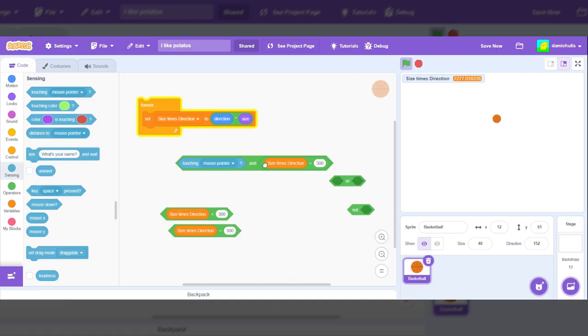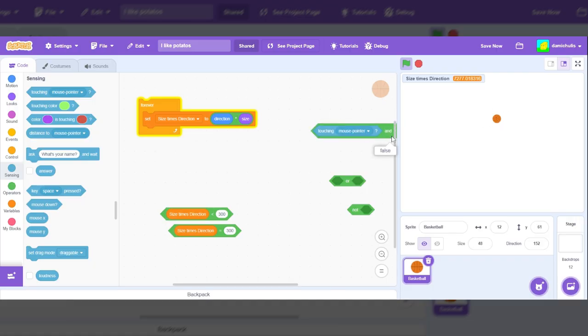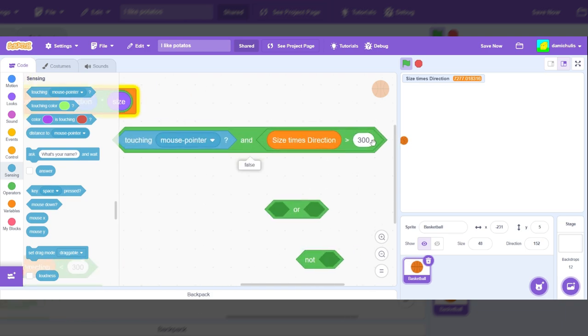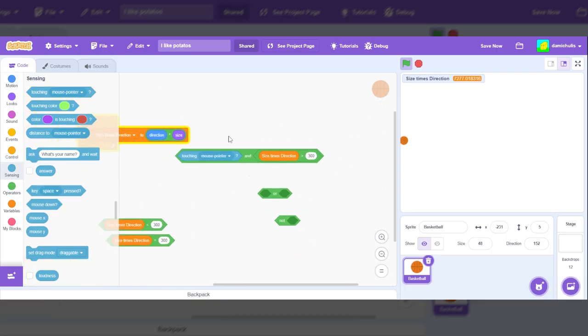False. Still false, because it's not. But when both are true, it will be true.